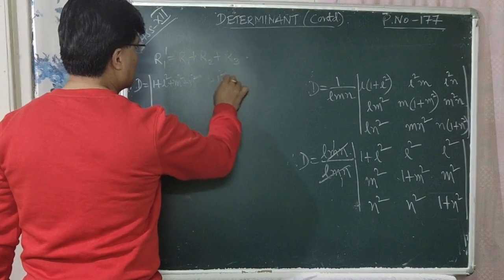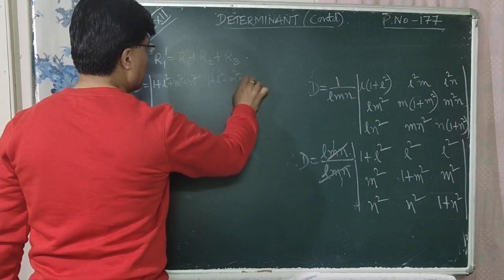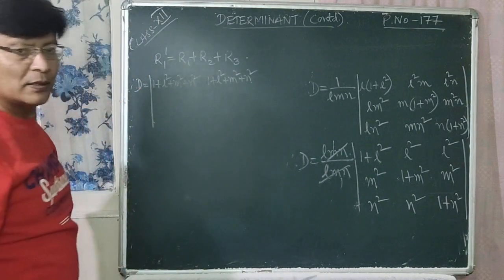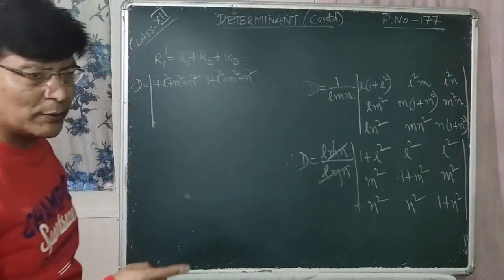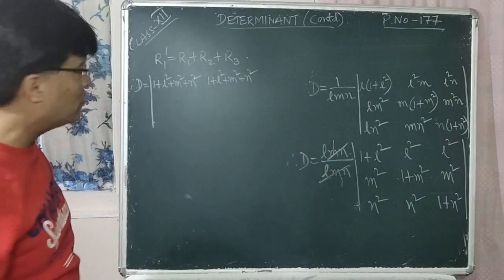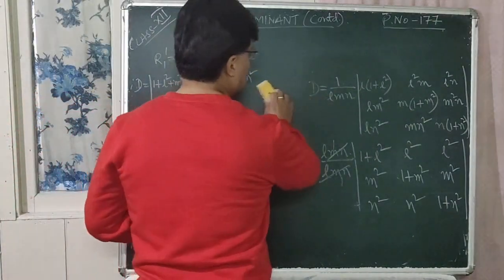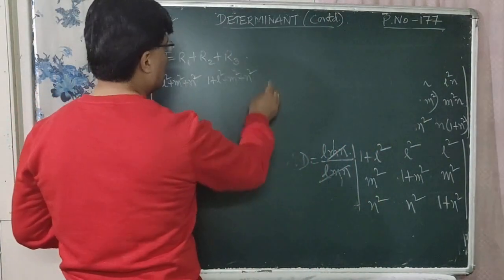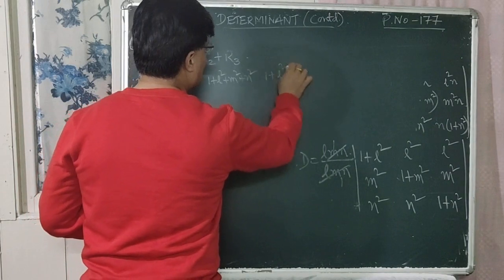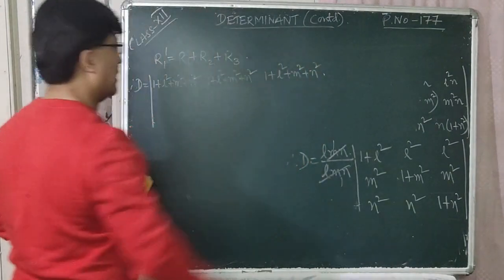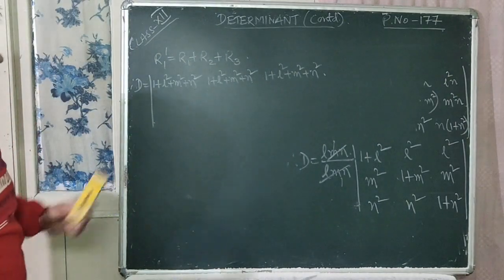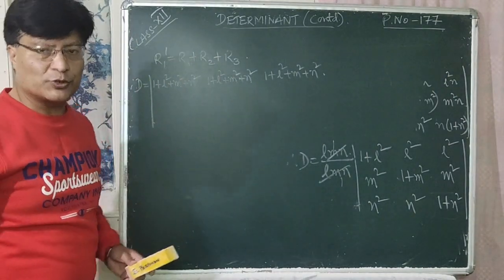Similarly, what will be the third element of the first row now? It is again the same expression, isn't it? So it is 1 plus L square plus M square plus N square. Right? So this is your new first row.